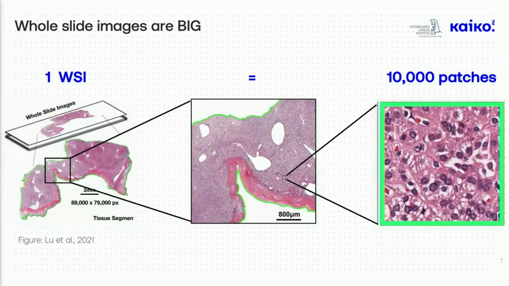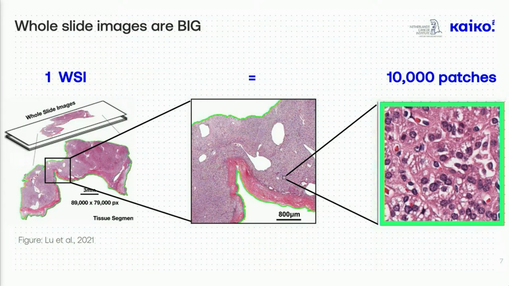But on top of that, these whole slide images are also huge. One single whole slide image can exceed 100,000 pixels in width and height. So you can imagine such a whole slide image does not fit into the computer memory. So a solution that is used is that we cut this whole slide image into smaller patches, so-called tiles, and these patches are usually 256 pixels in width and height.